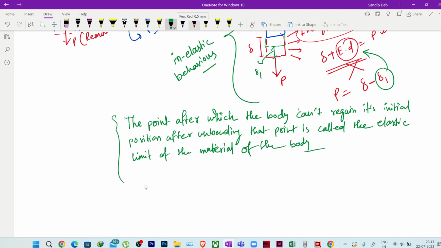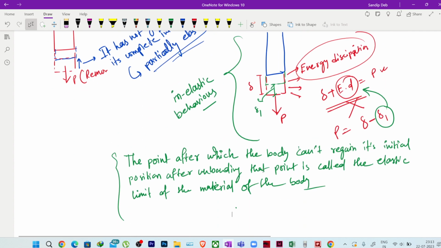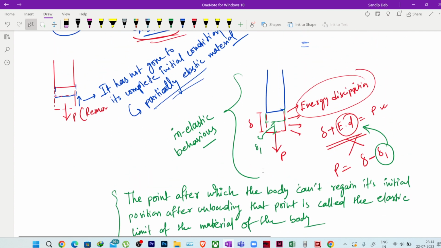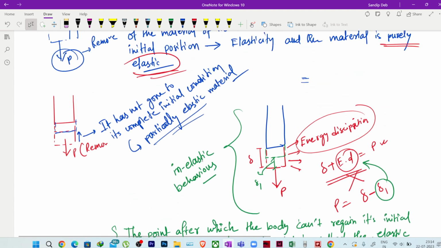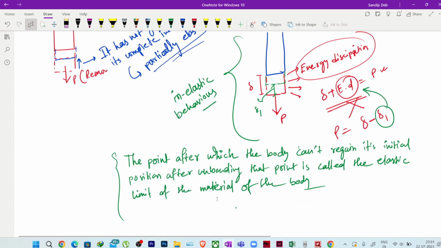Okay, after reaching this point, it will not regain its initial position, due to the constant loading. So I hope it is clear what is elasticity, what is inelastic behavior, what is elastic limit.